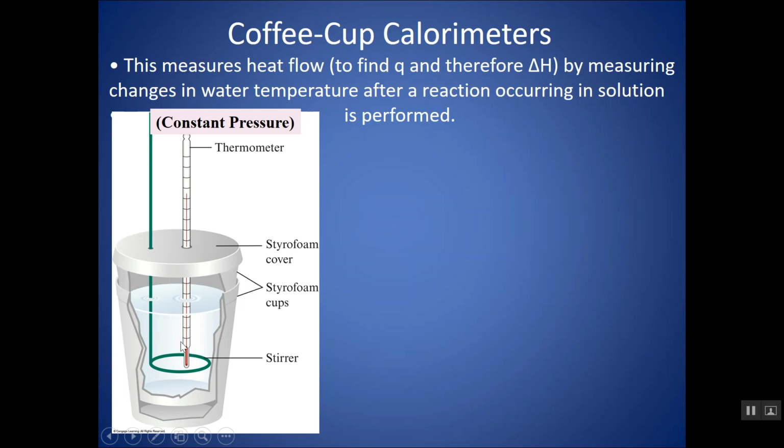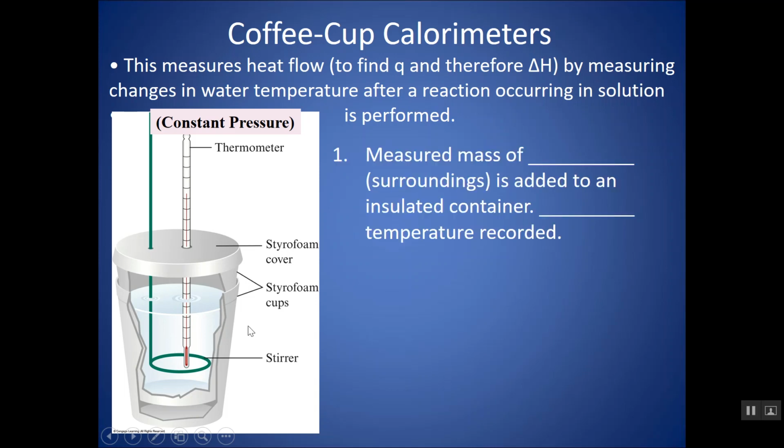And you're typically carrying out the reaction in water, in some type of solution that you can know the heat capacity of. That's why I say usually water, because we know the heat capacity. Sometimes I've even seen problems where they're carrying it out in sand and they give you the heat capacity of sand. But basically you are carrying out a reaction and it's going to cause some type of temperature change in the surroundings. In this case, the surroundings would be water.